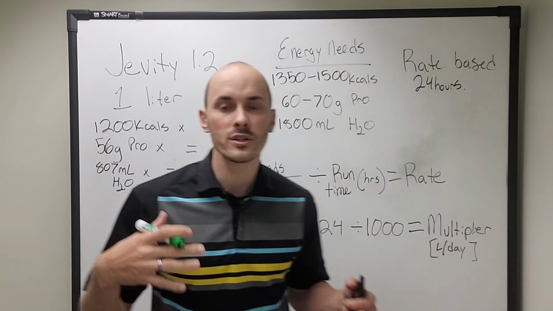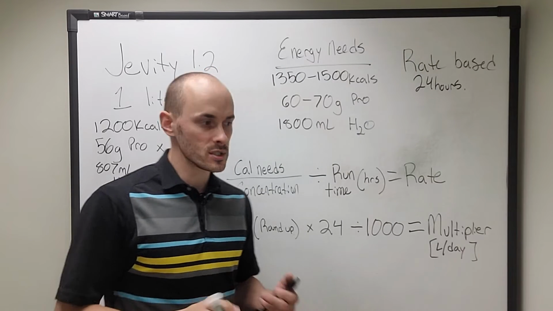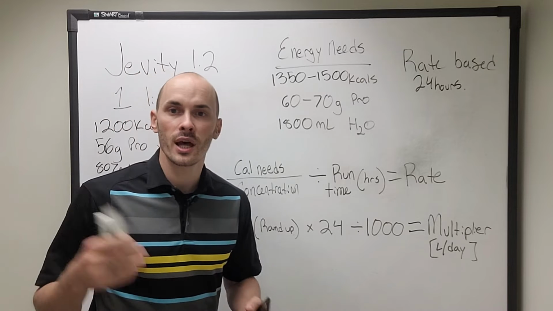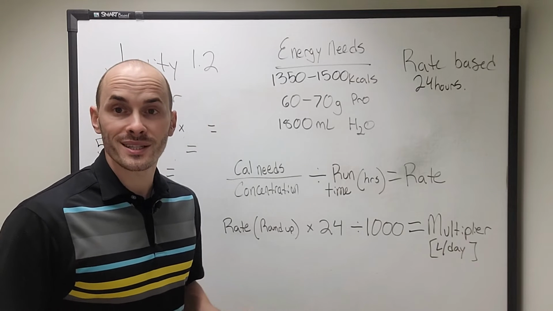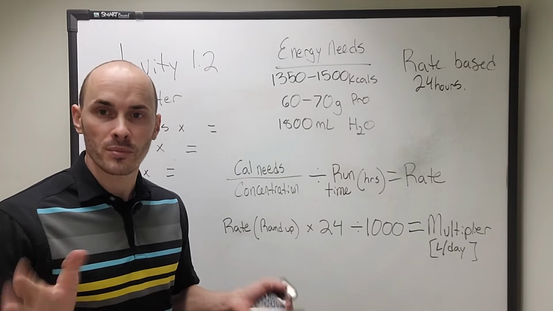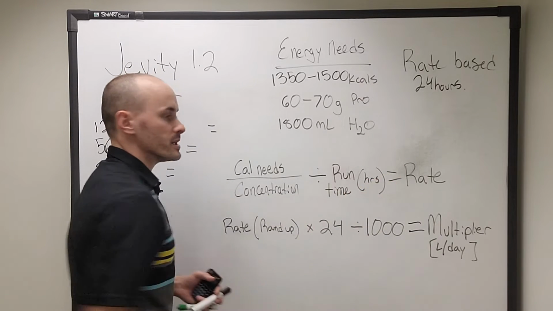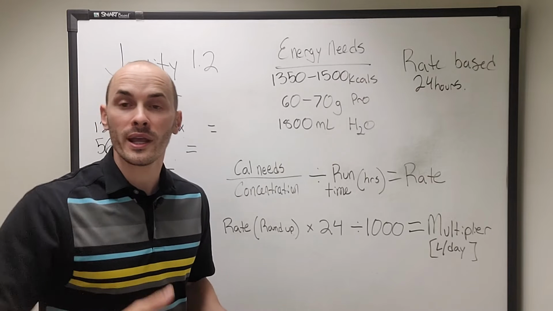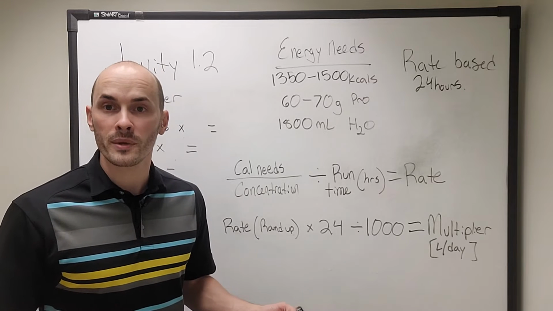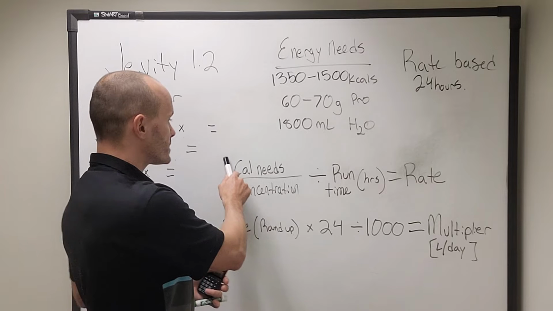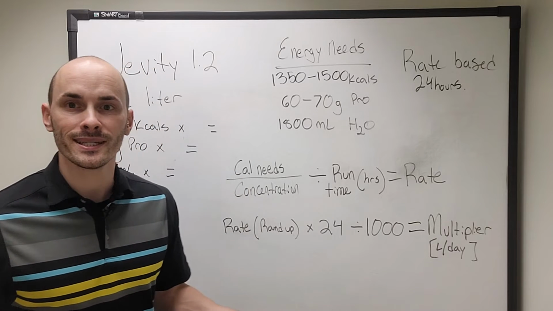Now, in order to do rate-based calculations, there are two formulas that you need to know, so please write them down. This top formula is going to give you the rate at which we need to run the formula to meet the patient's calorie needs.